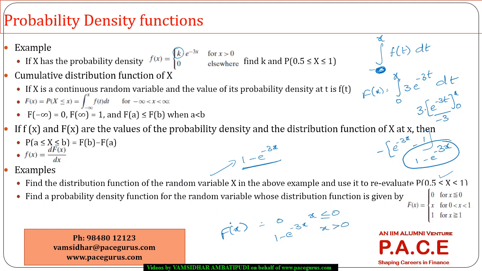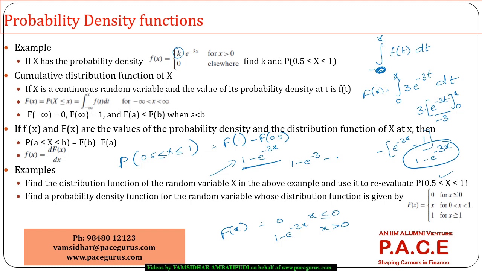Now we have to find the probability of 0.5 less than or equal to x less than or equal to 1. This is the same as F of 1 minus F of 0.5. F of 1 is 1 minus e to the power of minus 3.